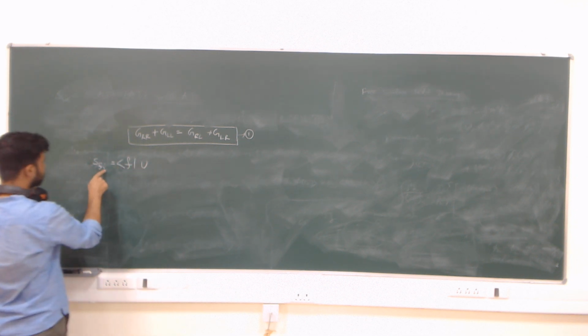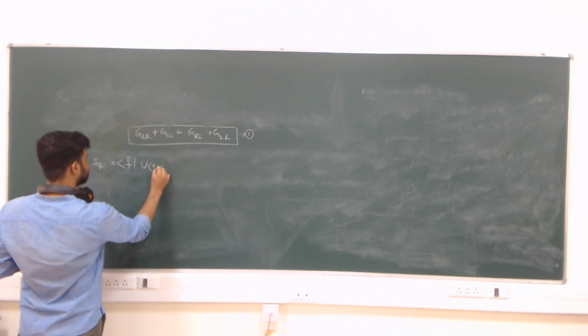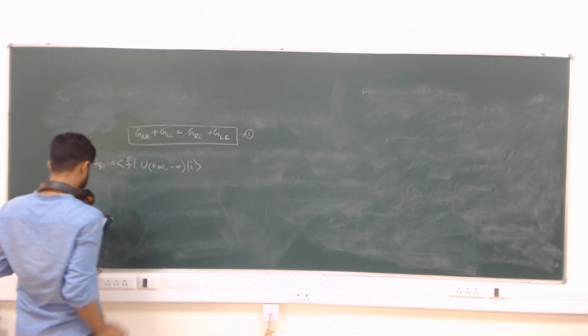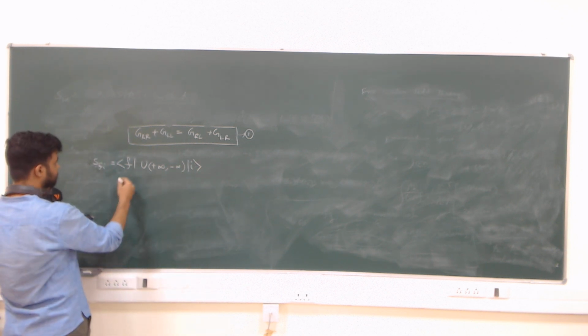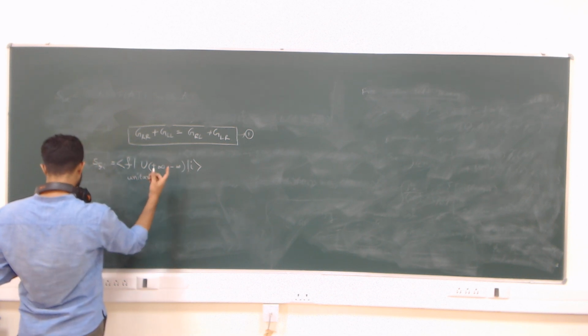We know that for an initial state and final state, I can write the scattering matrix element in this way. And if it is so, this should be unitary. It should conserve probability.